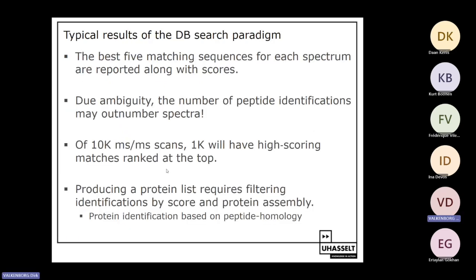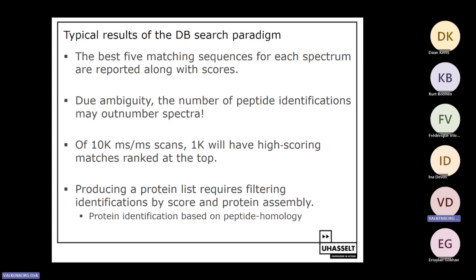Okay, so what is a typical result of such a database search? Since we can allow more peptide to spectrum matches than only the first ranked, it's possible that the number of identifications outranks the number of spectra that we have.